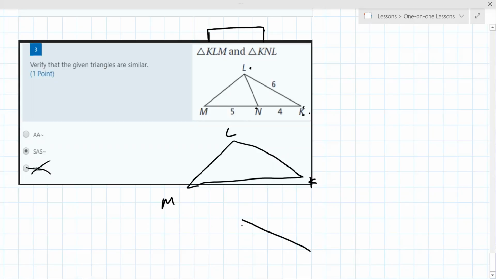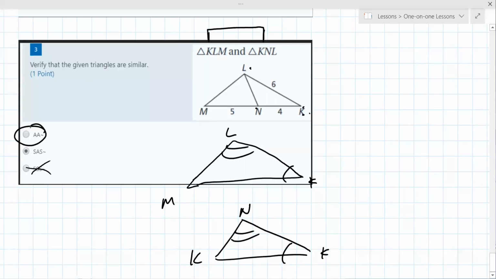So what's earlier? This is K and L. So these angles are the same, and then I think this angle and this angle are the same. Although there's not a lot of information given here for this. Unless you tell me SAS is correct, which I would be very surprised.